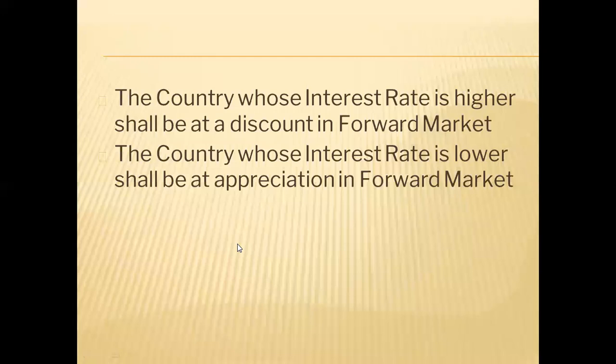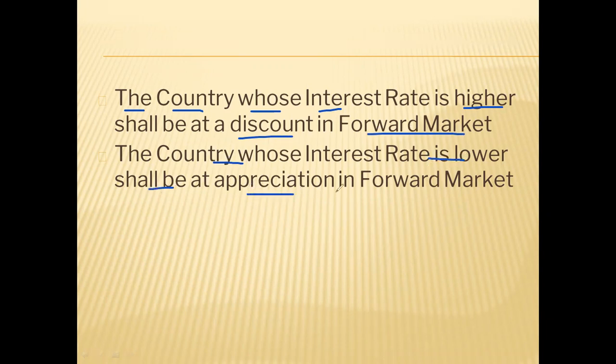So what this theory is saying is that the country whose interest rate is higher shall be at a discount in the forward market, and the country whose interest rate is lower shall be appreciating in the forward market. Very important theory.